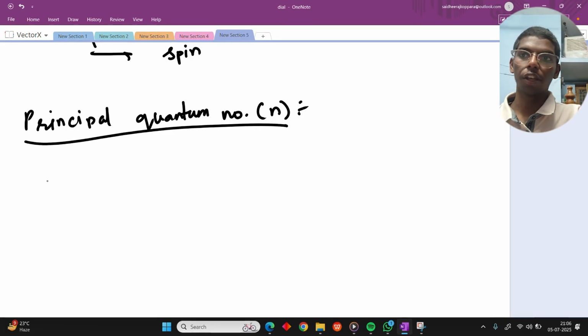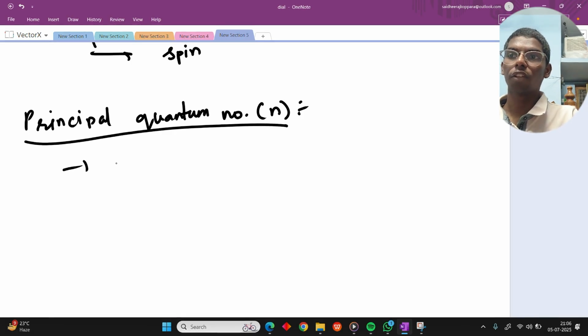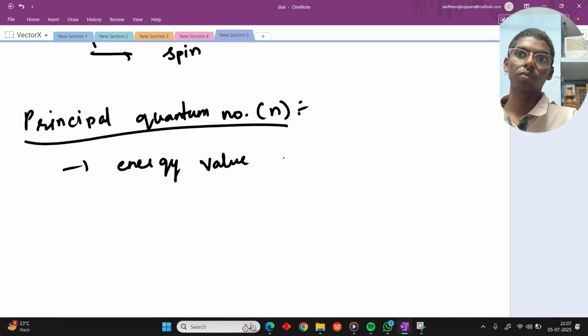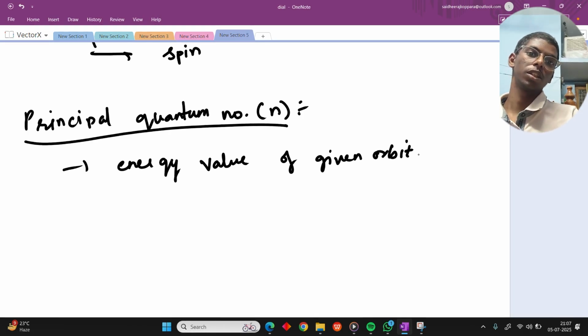It was proposed by Niels Bohr. It's represented by n. It actually tells the energy value of the given orbit. Your 1s belongs to the first orbit, 2s belongs to the second orbit.